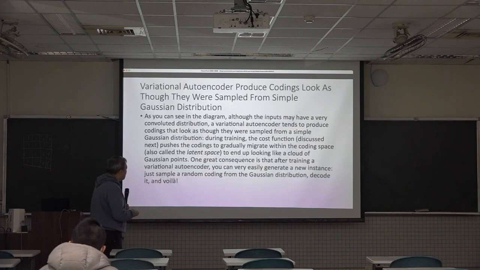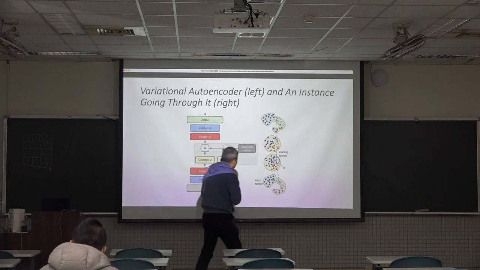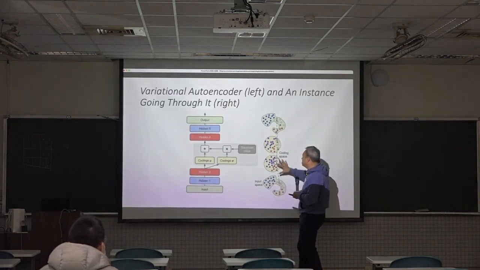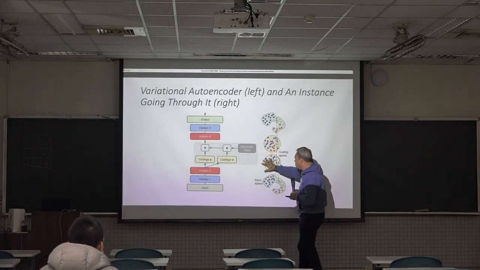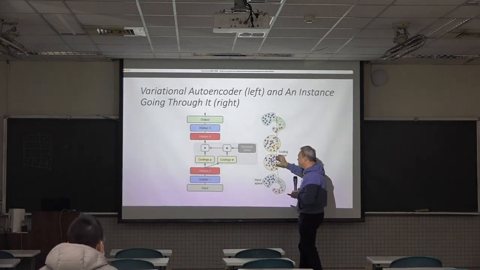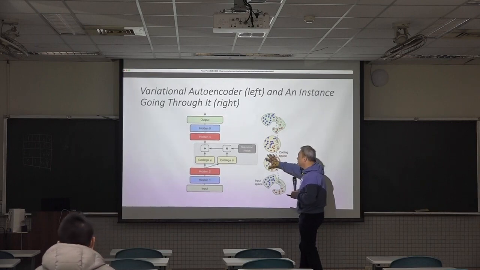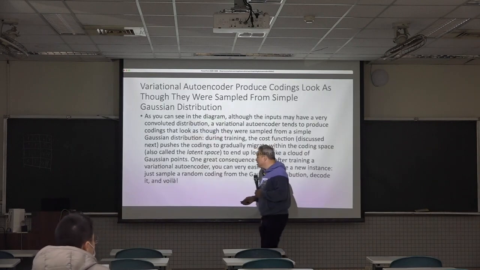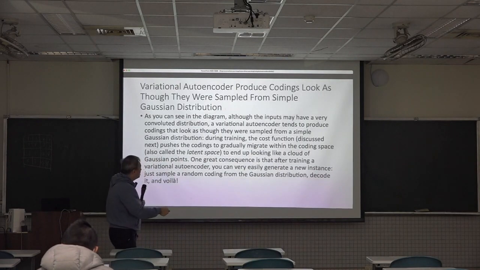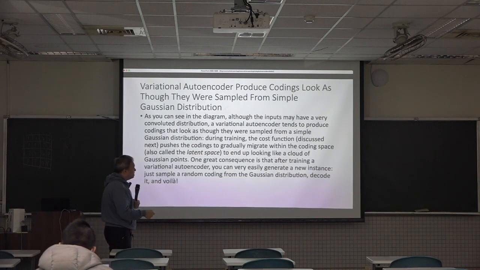So the second loss function will push this input space into this coding space, which is as close as possible to a Gaussian distribution. We call that coding space the latent space. In the end it's going to look like a cloud of Gaussian points.